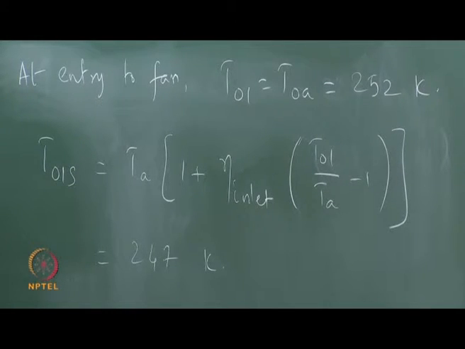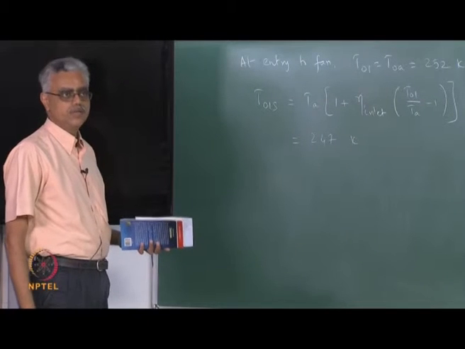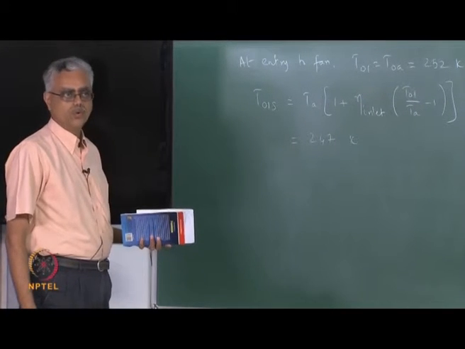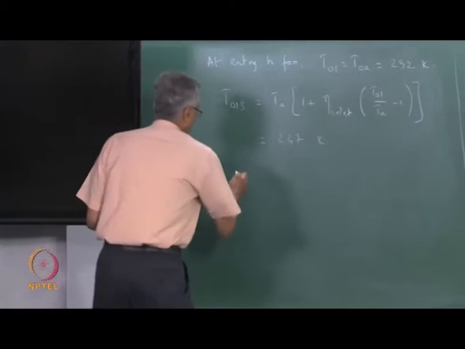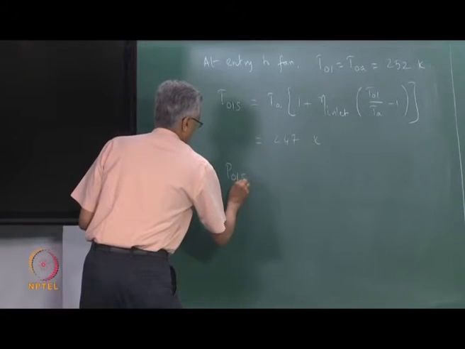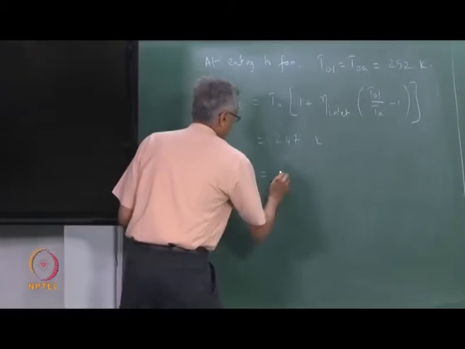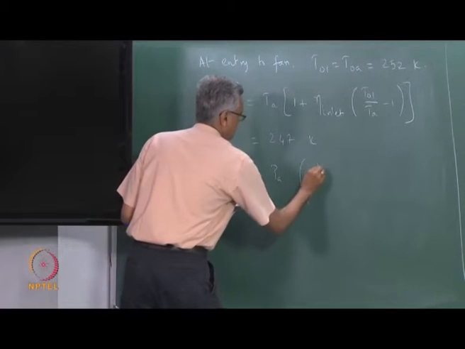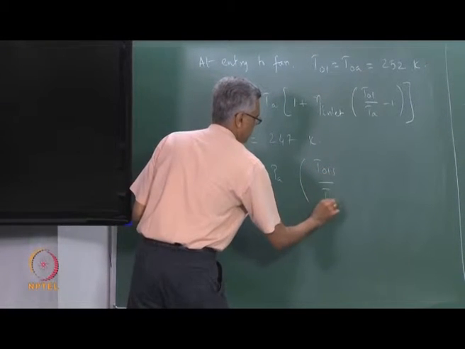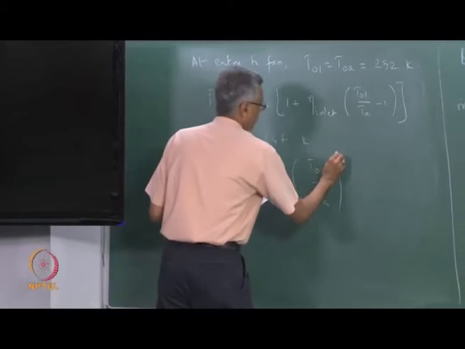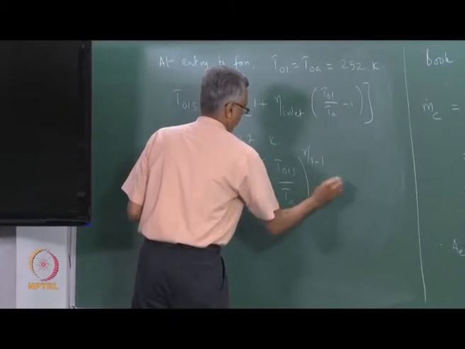Once I have T01S, I can use the isentropic relationship to calculate P01S. P01S is equal to P_A times (T01S divided by T_A) to the power gamma over gamma minus 1.